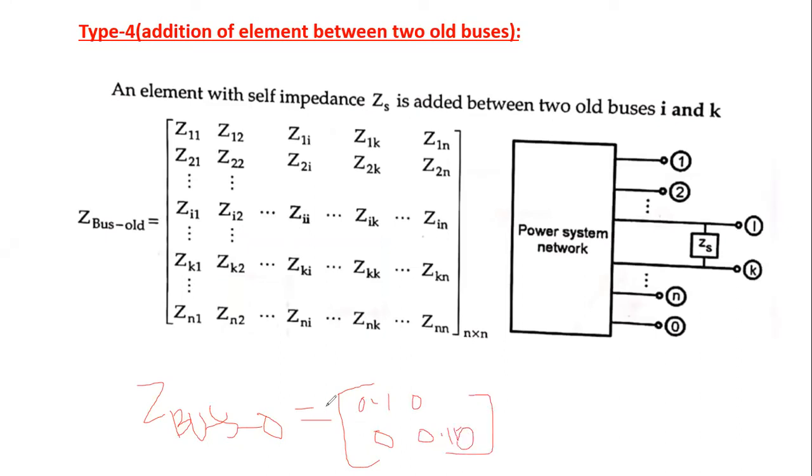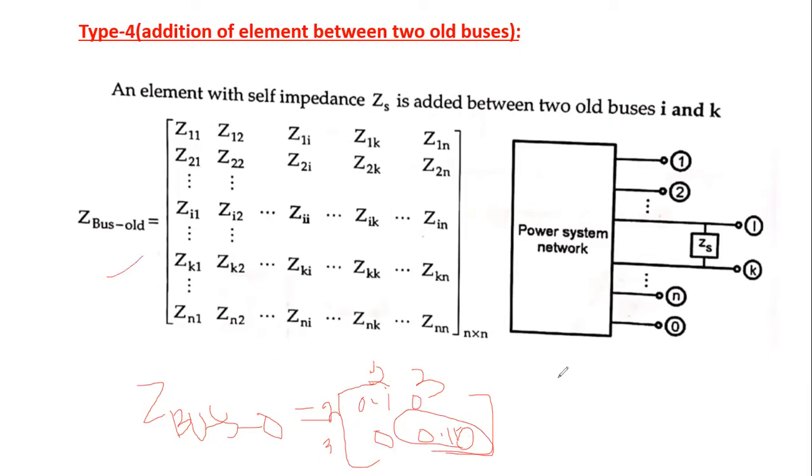This is 2, 2, this is 3, 3, and therefore Z22 is equal to 0.1, Z23 is 0, Z32 is equal to 0, Z33 is equal to 0.15. This is the Z-bus old matrix.